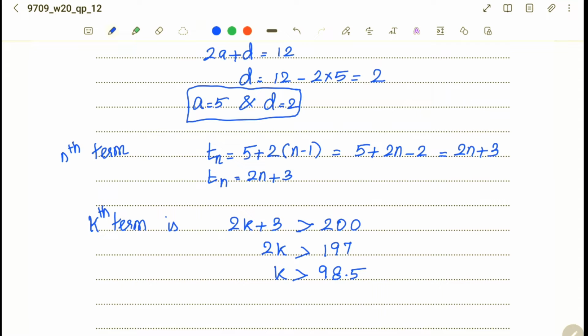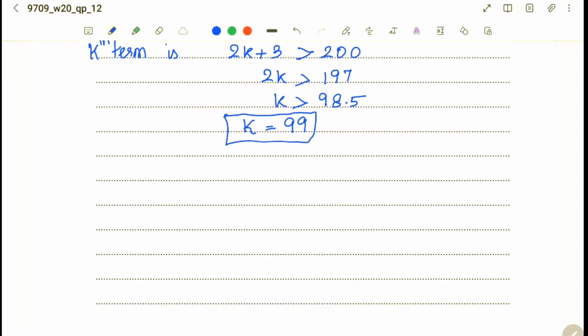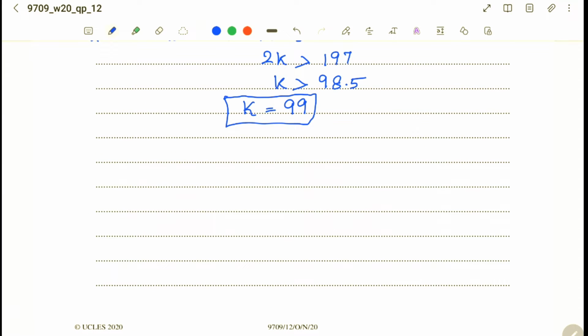Because k represents the term number, it takes only the integer value. So k will be equal to 99 because k is greater than 98.5. So the nearest integer greater than 98.5 is 99. So that will be the smallest possible value of k.